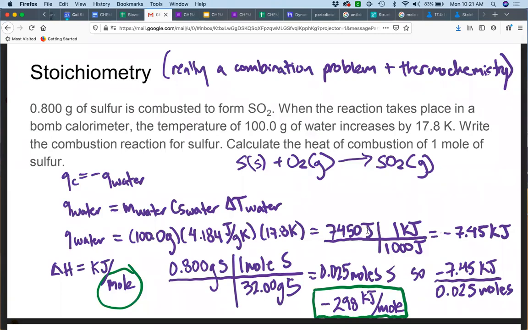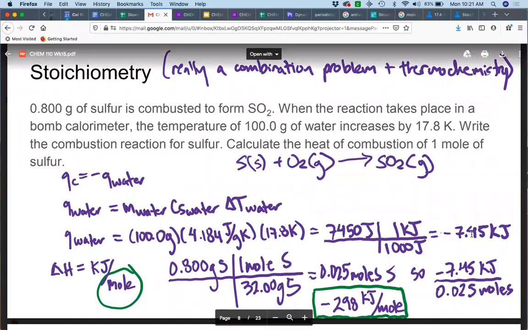But when I'm talking about heats of combustion or enthalpies, those are typically given in kilojoules. So I need to convert my joules to kilojoules by dividing by 1,000. Now I can say that my answer is 7.45.